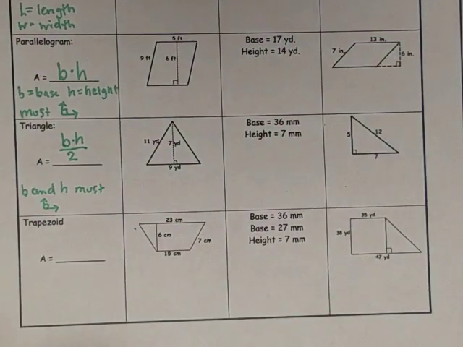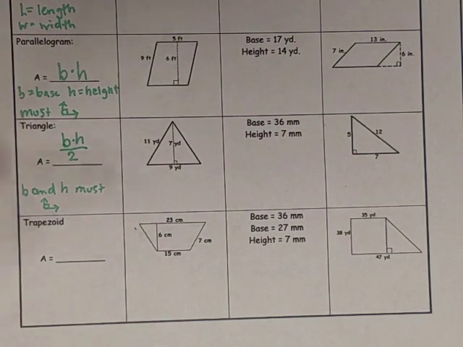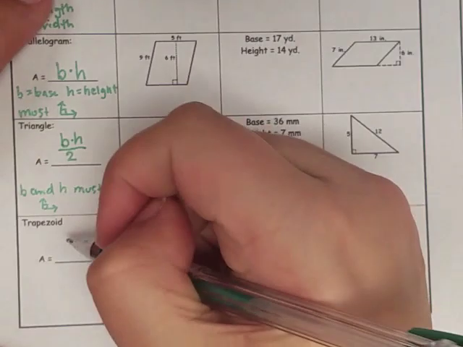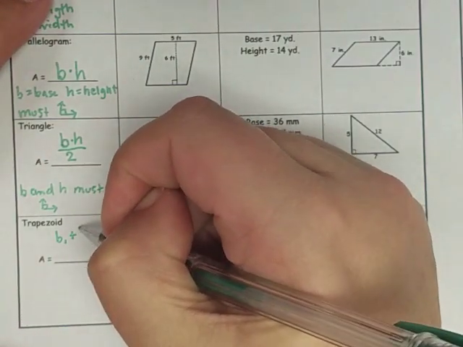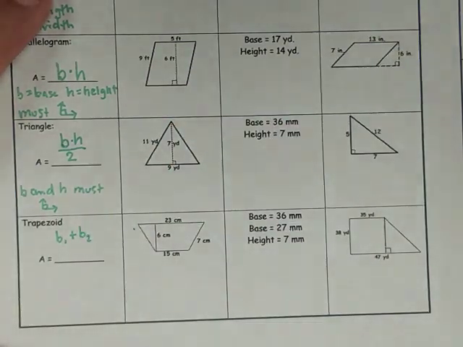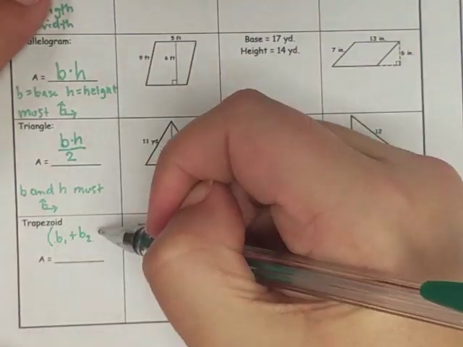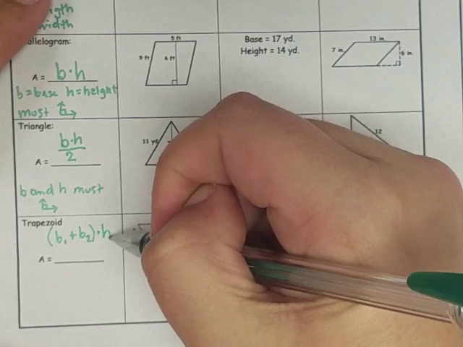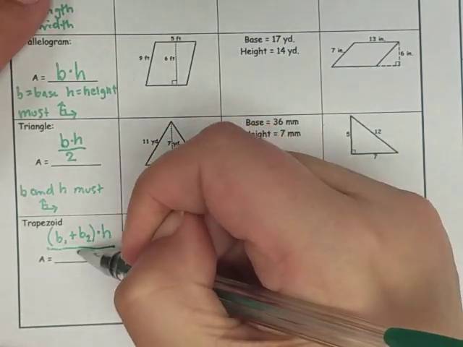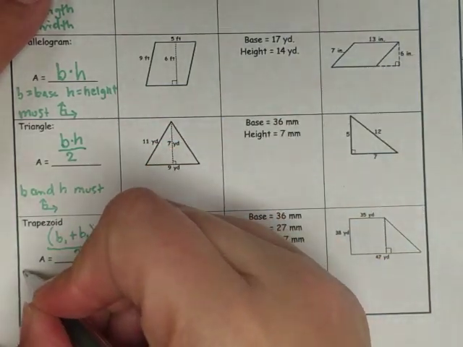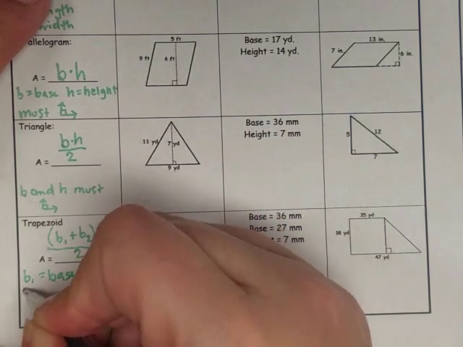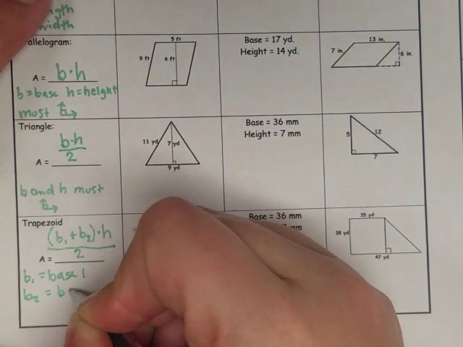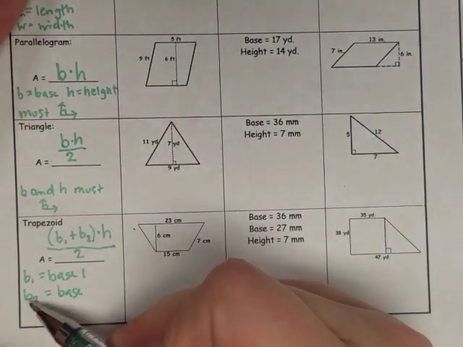And then our last shape is called a trapezoid. And the trapezoid, we're going to use this funky looking formula. So B1, which stands for base 1, plus base 2, all of that times the height divided by 2. So B1 means base 1, B2 means base 2, and it does not mean B squared.